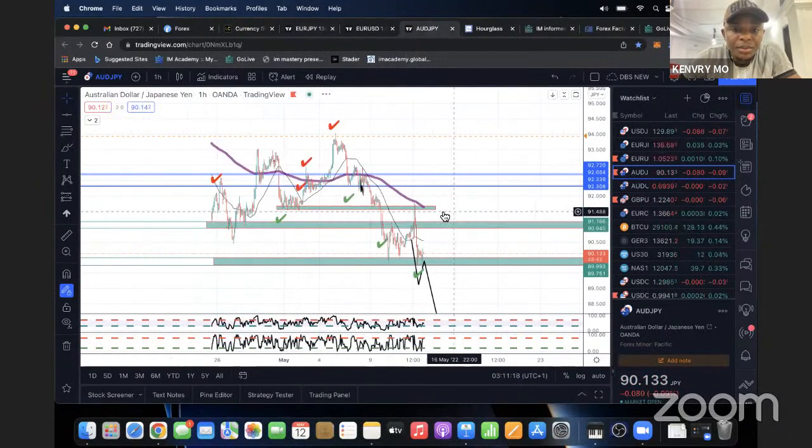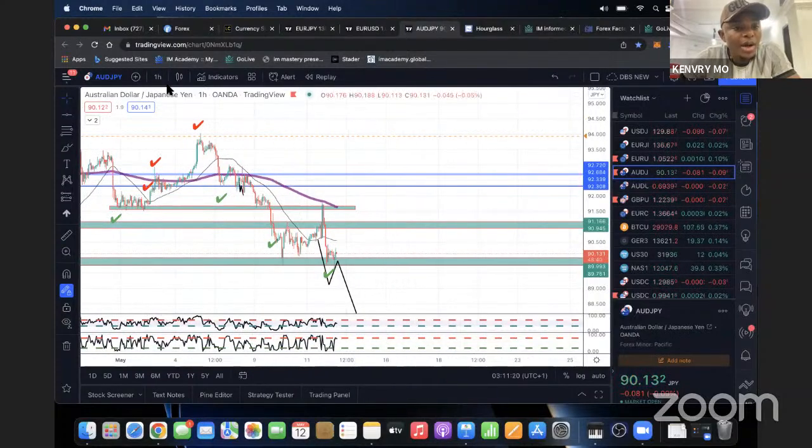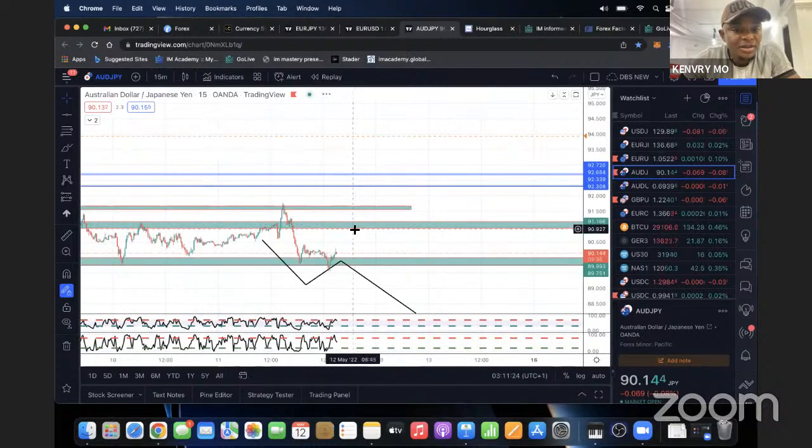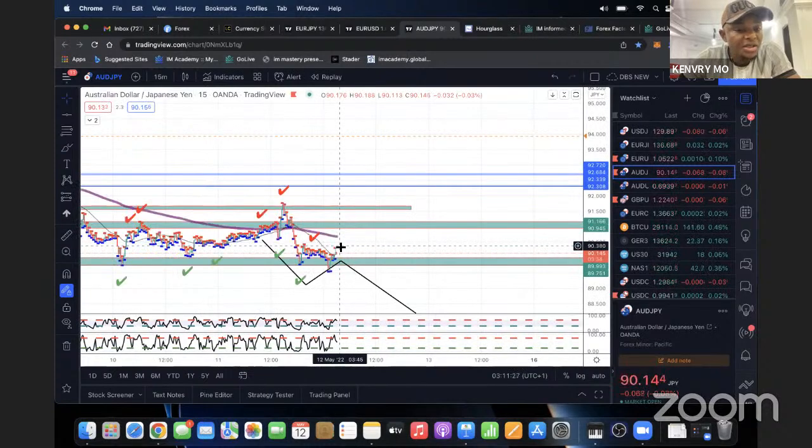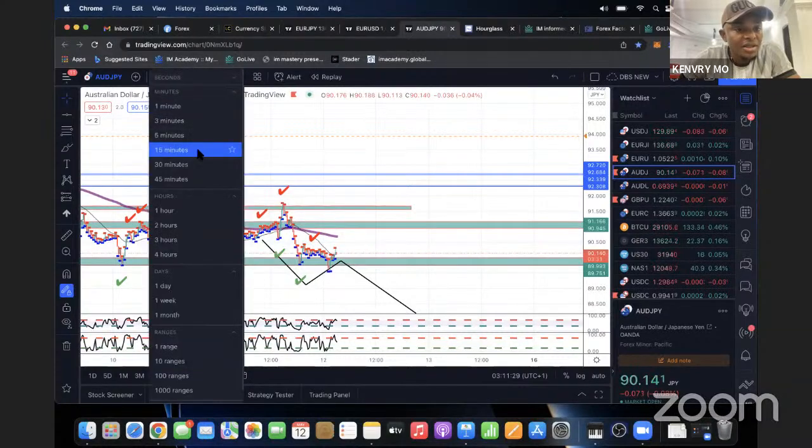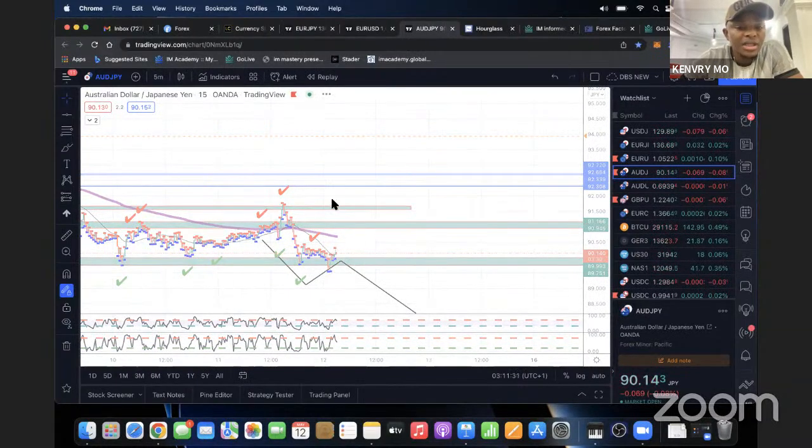Okay, so this is AUD JPY. 1 hour is bearish. 15 minutes is what? Bearish. 5 minutes. So the market is on a bearish sentiment at the moment.